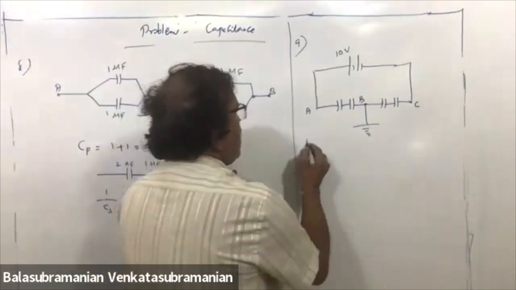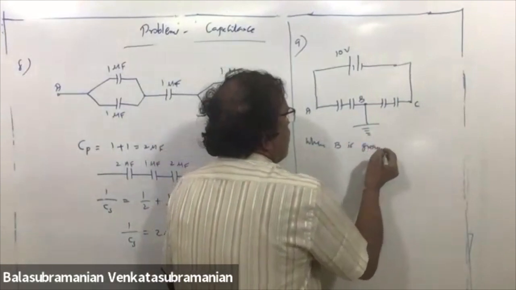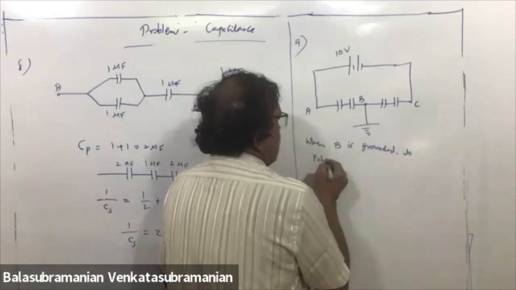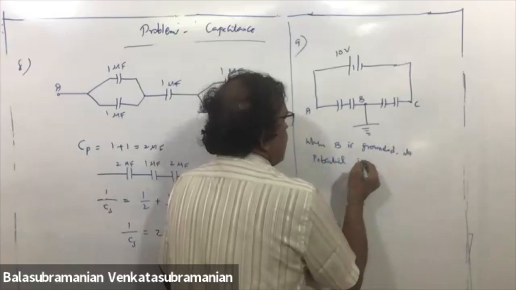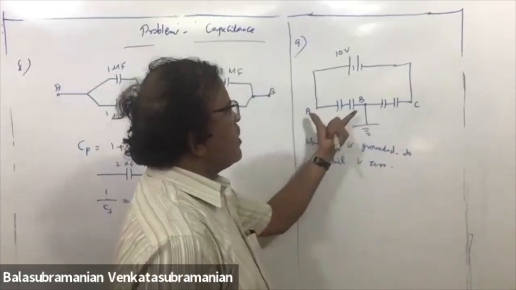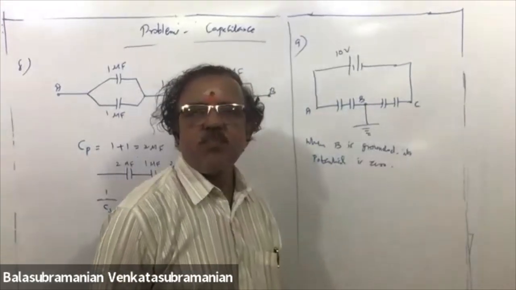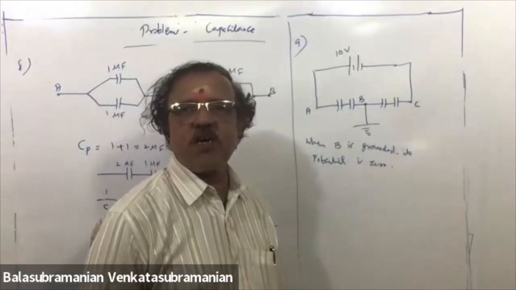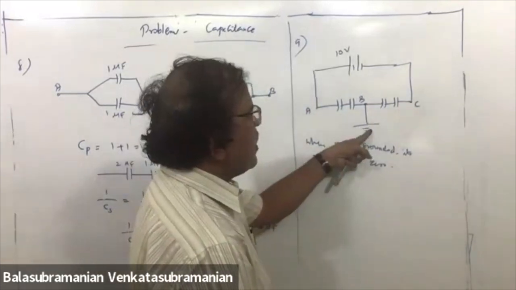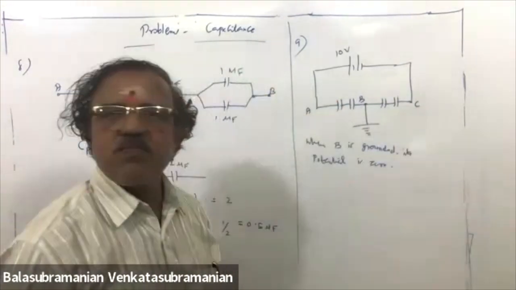When B is grounded, its potential is 0. So the potential difference between these 2 points and these 2 points should be the same. Potential difference, not potential, potential difference. Because this is grounded, this potential difference and this potential difference are equal.